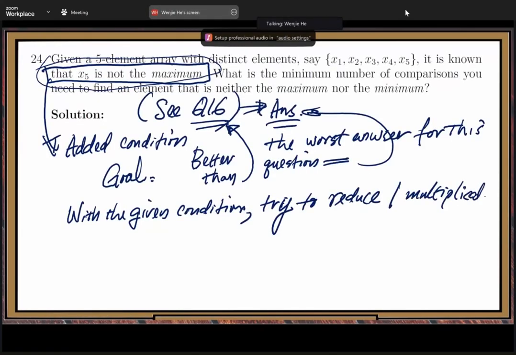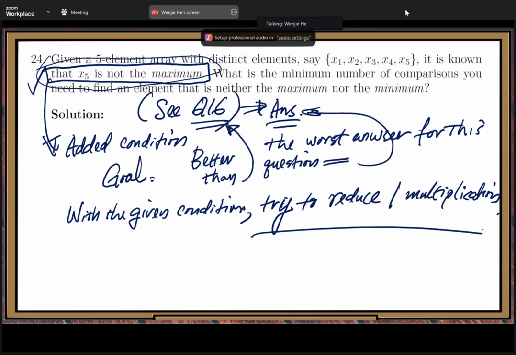That's your goal. Because you want to use the given condition. You hope the given condition can help you to do one multiplication reduction. That's good enough. That's pretty good. That's your target. Okay? All right.